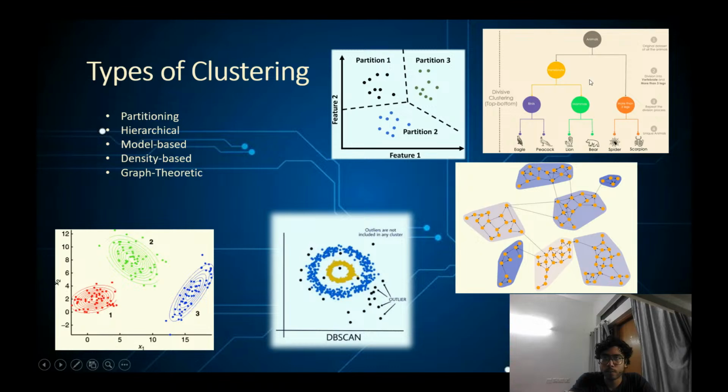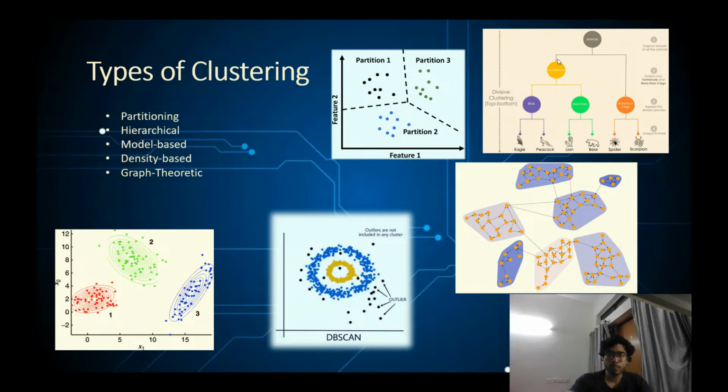Hierarchical is when, in this example, animals is a bigger term that includes all the animals. And within that, you can form groups of vertebrates, invertebrates, birds, mammals, and so on, right?